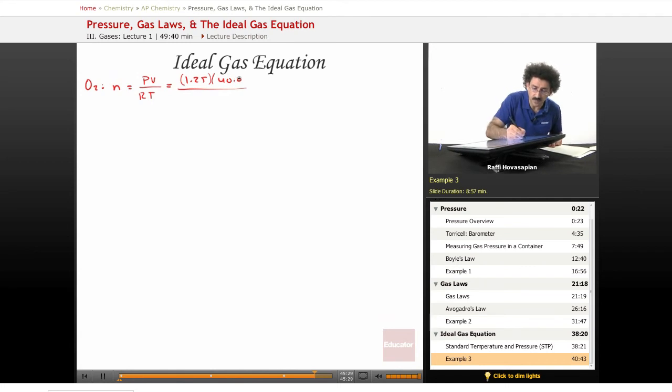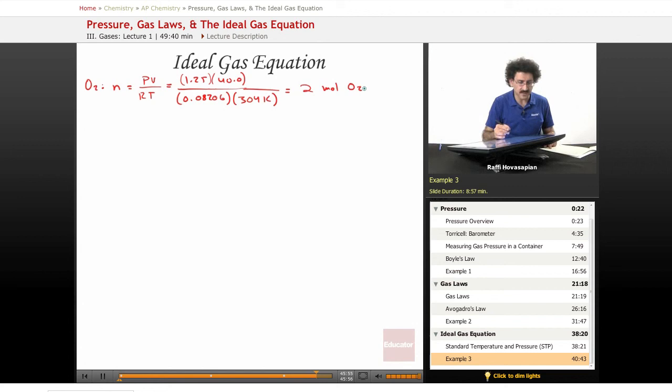Let me just leave the 40.0 there. And 0.08206 is the gas constant, and then I have 304 Kelvin because the temperature of the oxygen is 31 degrees Celsius. Okay, we end up with 2 moles of O2.